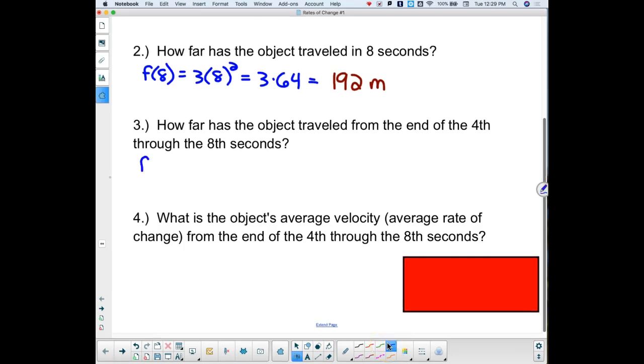So this would be f of 8 minus f of 4, which would be 192 minus 48. So it traveled 144 meters.